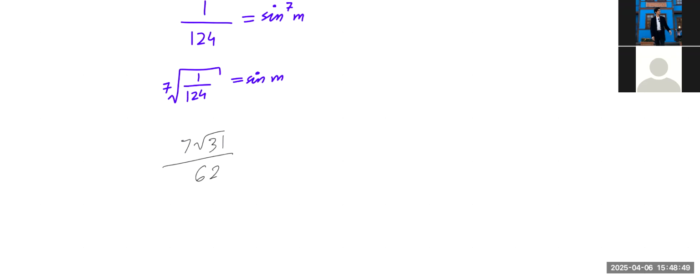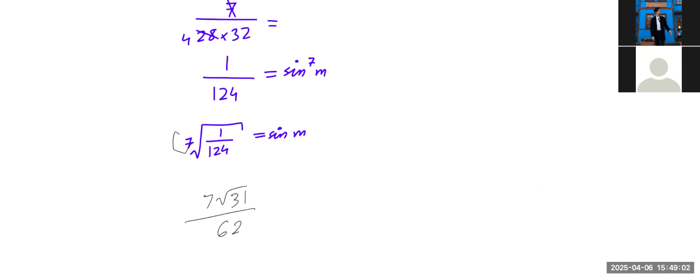Is this the seventh root of 1 over 124? Yeah, seventh root, because I have a seventh power here, right? So I took the seventh root on both sides, basically. You know why, right? 0.50. Okay, good. Sine of m.